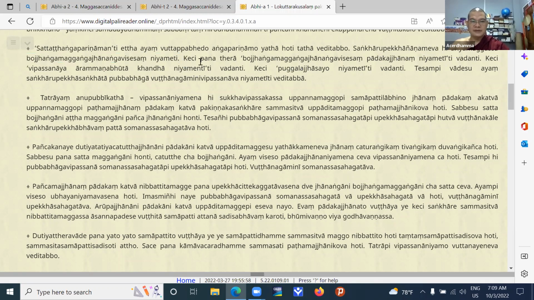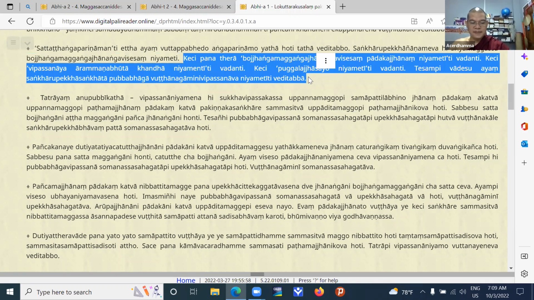But here we have other views. Kecipana thera, some Theras, said: bhojjhaṅga maggaṅga jhanaṅga visesa padaka jhana niyameti vadanti. Some Theras said padaka jhana determines the maggas, the ariya magga.